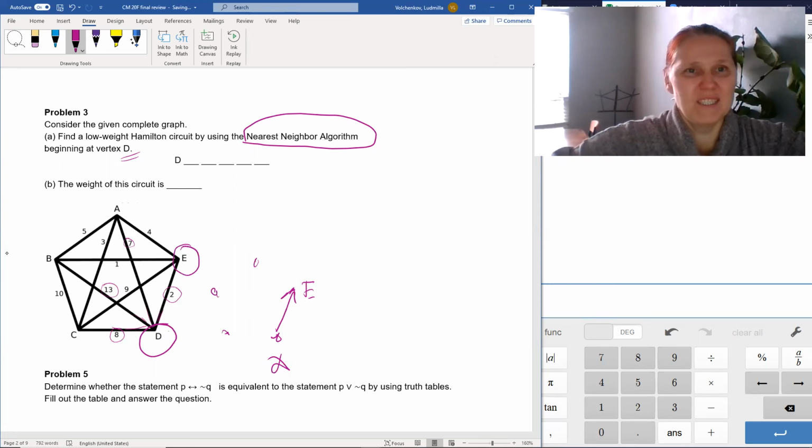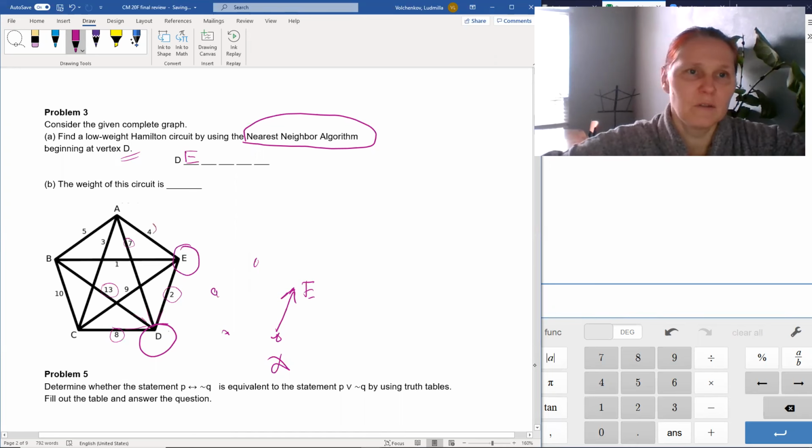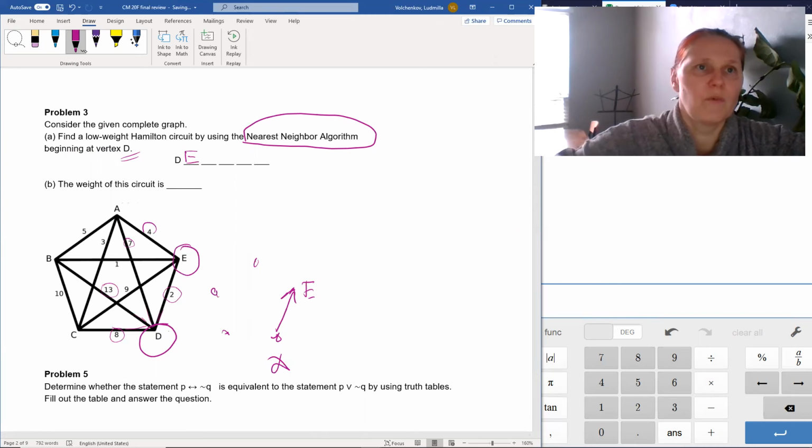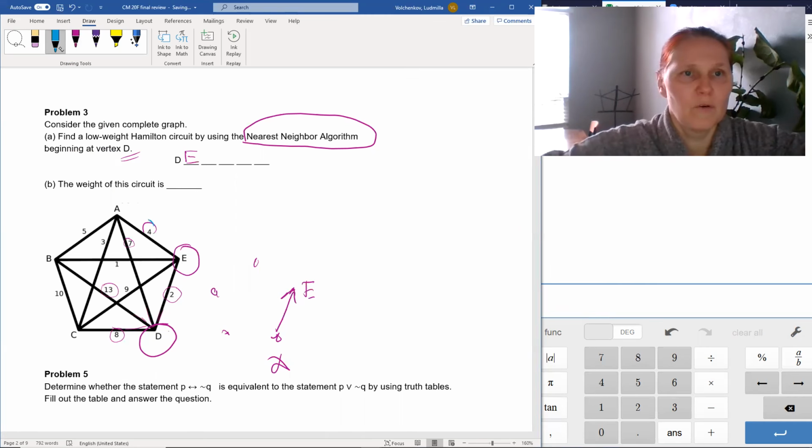So we move from D to E. From E, we have 3 choices. 4, 1, and 9. Of course, 1 is the lowest number, so B is so-called the nearest neighbor, the shortest distance from E to B. We go to B.